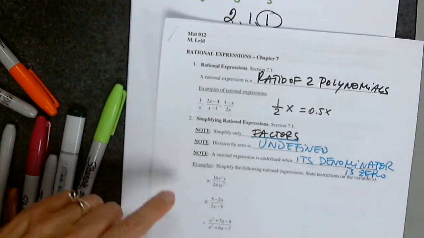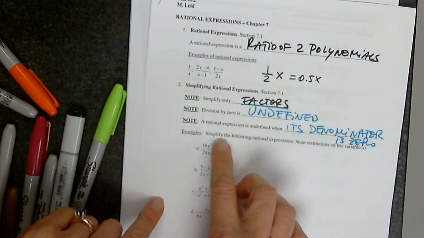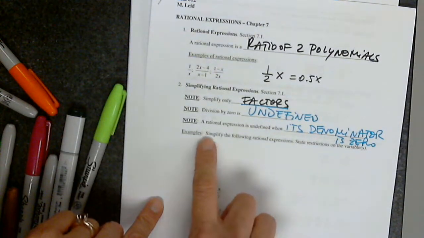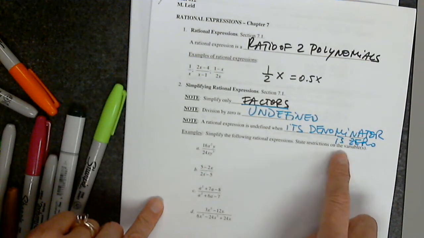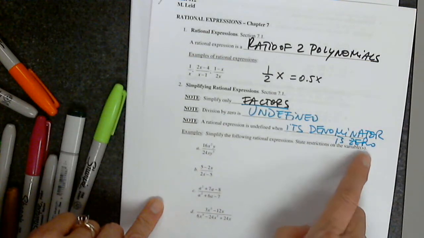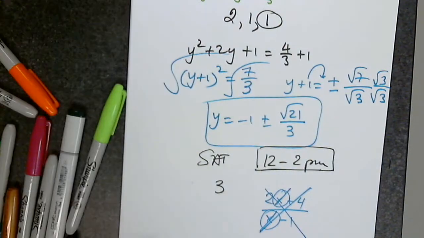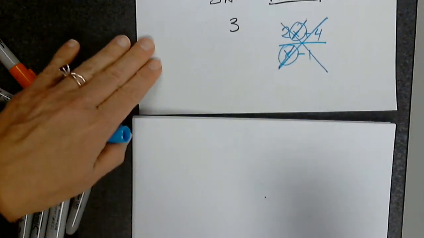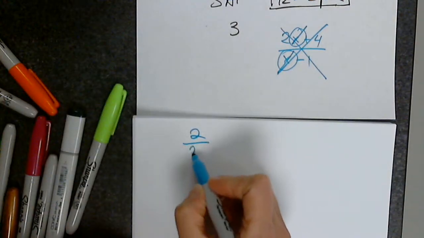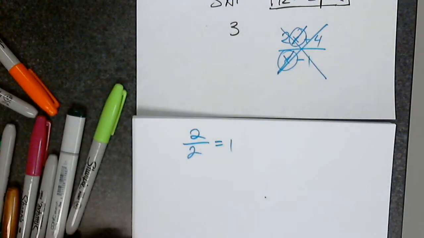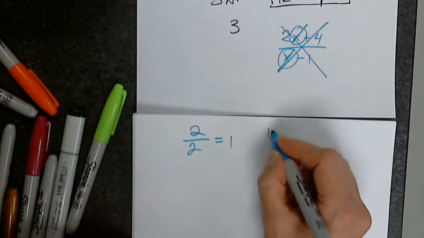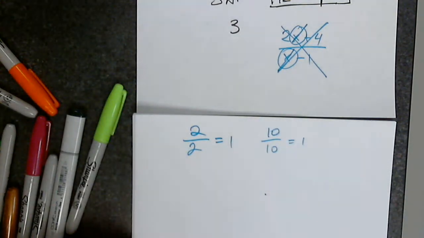Very good. Now, we're asked in the first set of examples to simplify the following rational expressions. It says state restrictions on the variables. So I have to explain this before we go over those problems. Is 2 over 2 equal to 1? Is 10 over 10 equal to 1?